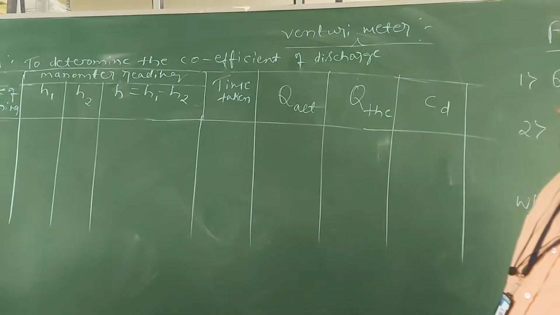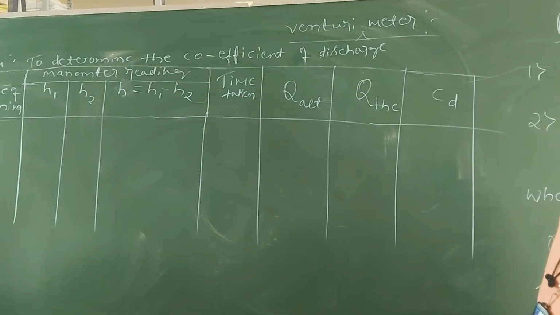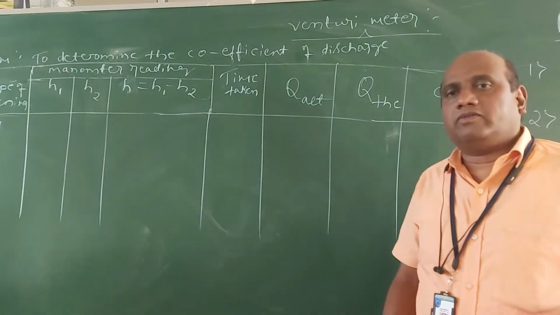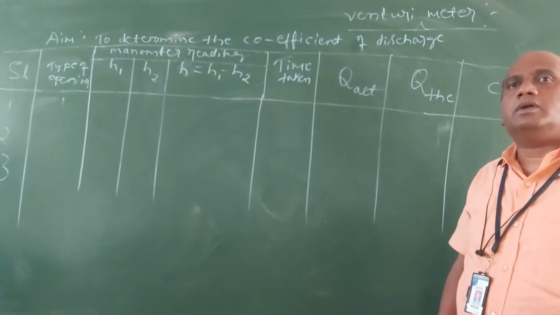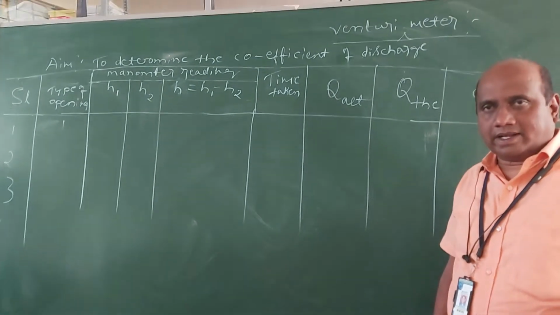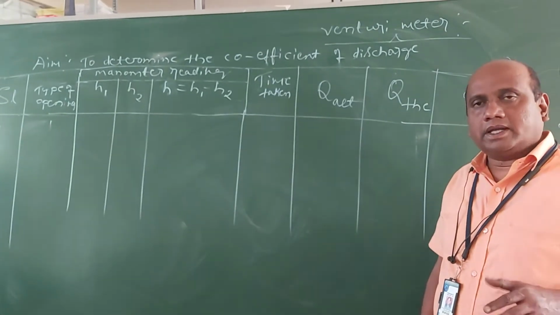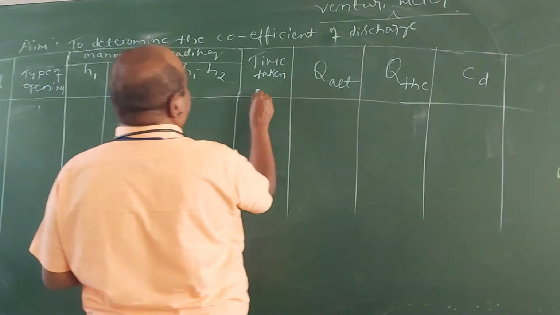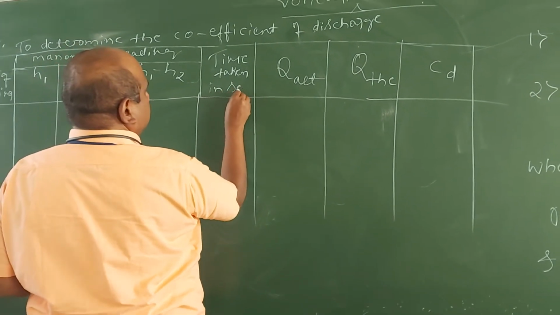So the time taken for the rise of water level, that we can note down. Say for each rise of 10 centimeters of water level, you can note down the time. You have to write down here, time taken in seconds.